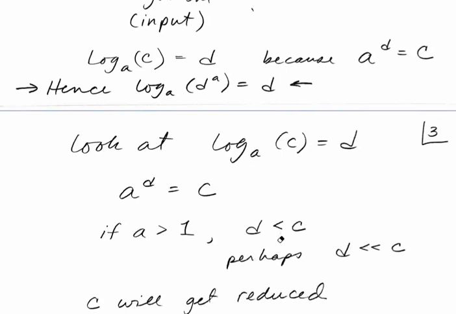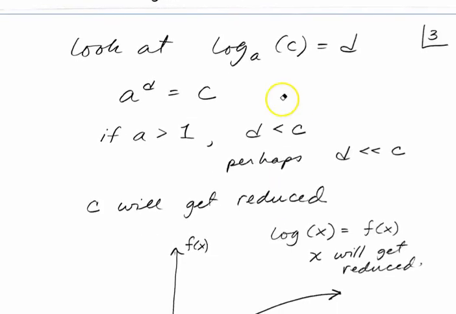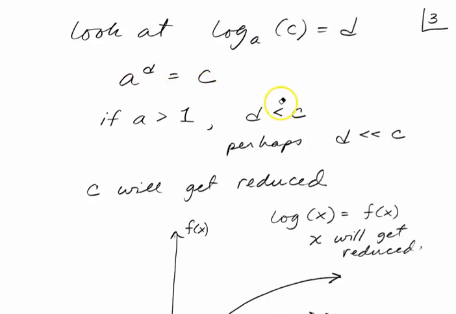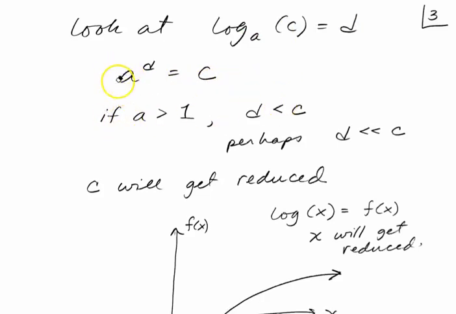All right, so bringing this home, if we look at the expression rewritten above, that tells us that A to the D has to equal C. And so if A is greater than 1, then generally for C large, D is going to be small.